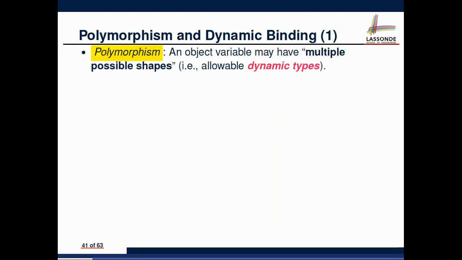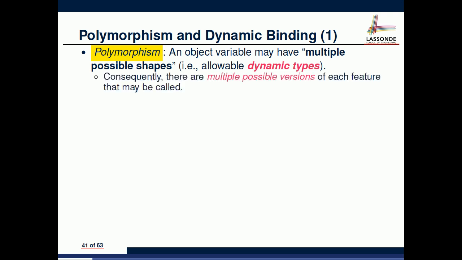Now polymorphism, let's see quickly. Polymorphism simply means given an object variable, you have multiple possible shapes. For example, a student as a static type can be assigned to a resident student or non-resident student. You have multiple shapes. And what's the consequence of that?